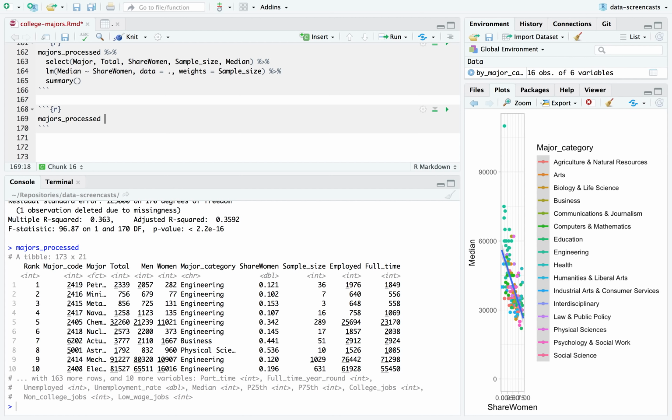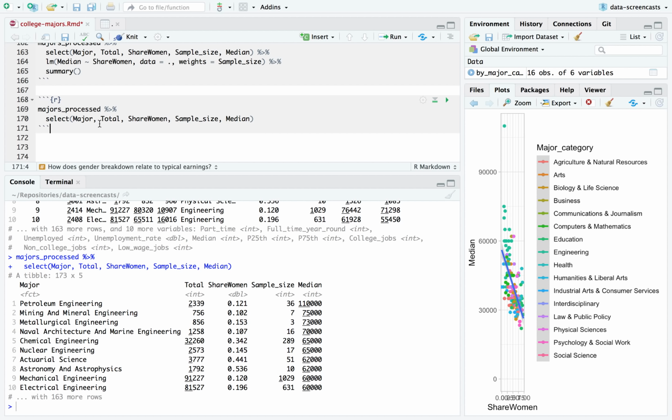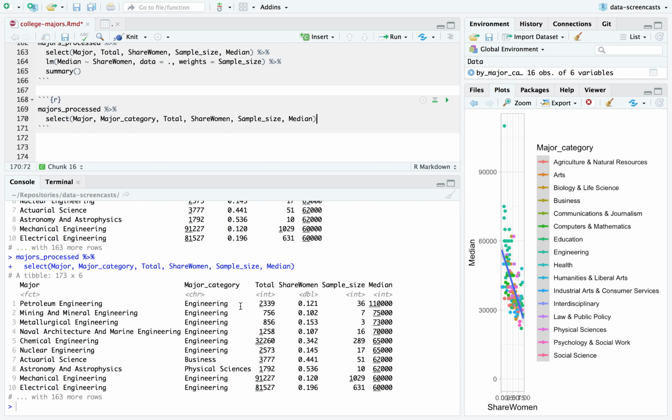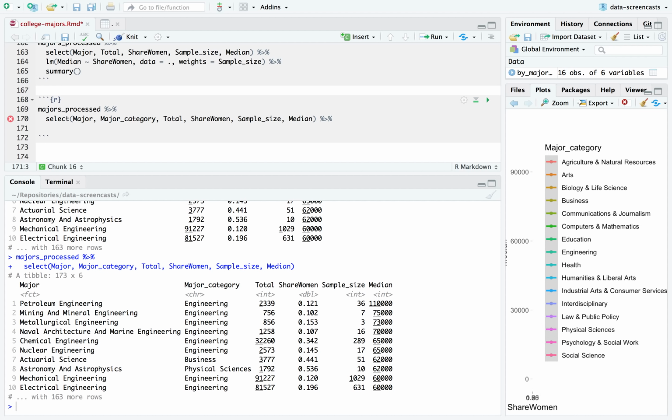But we're not going to be able to do this analysis for categories that have fewer than, maybe, I don't know, 10 majors within that category. So I'm going to do some filtering first. I'm going to do it very specifically before I see the resulting p-values. I want to say within engineering, within business, within physical sciences, what is the correlation between share of women and the average salary?